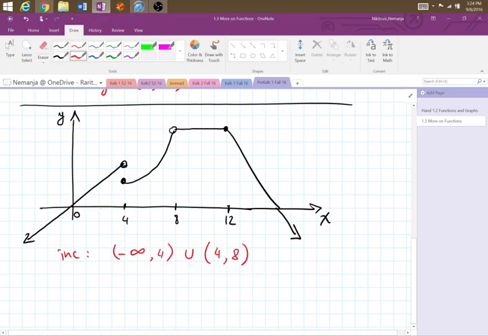So at 4 there is this jump, but the function is still rising. But you can't say in one shot that it's increasing from negative infinity all the way to 8 on the x-axis, because you can see that at 4 it dipped down, right? So this piece is increasing up to 4, and this piece is increasing, and then we unite them. Yes?